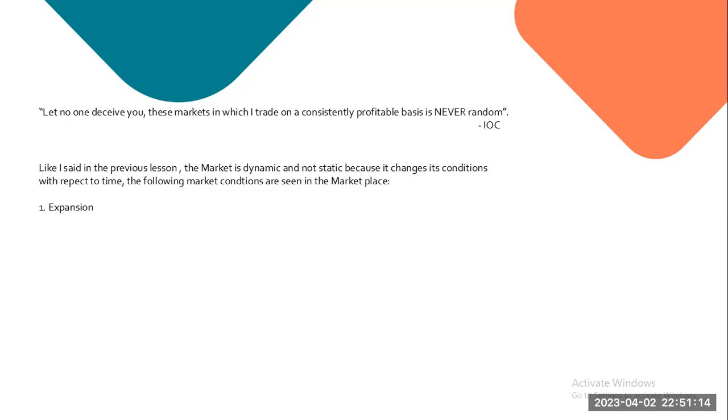I said that the reason why I don't trust indicators is because they are lagging and not leading. Also, they are not able to get updated to the current market conditions as we go further in time. Now we are in 2023.